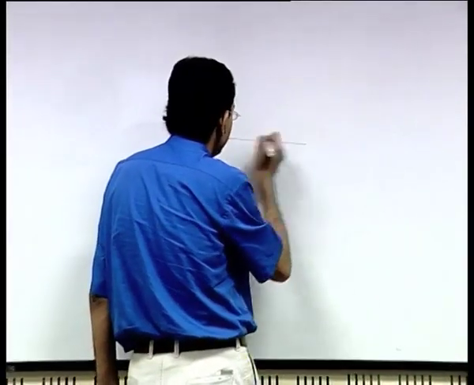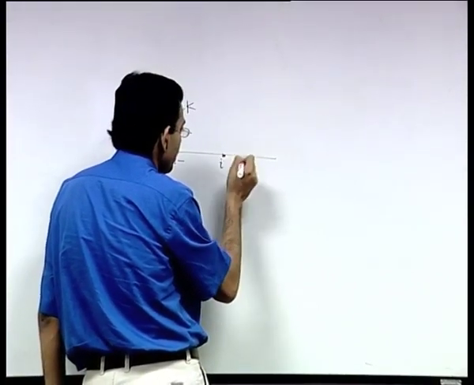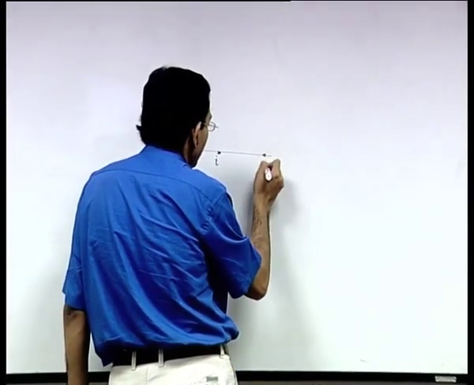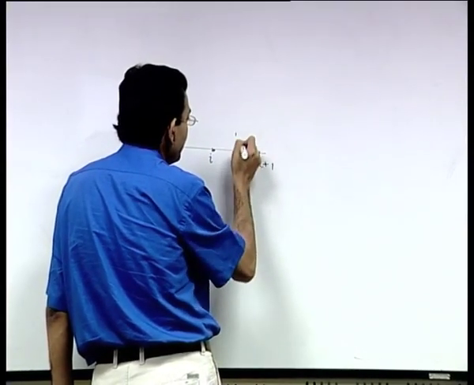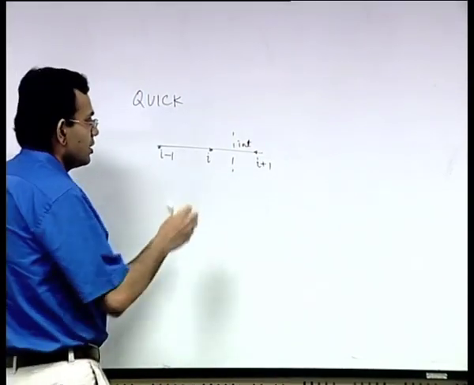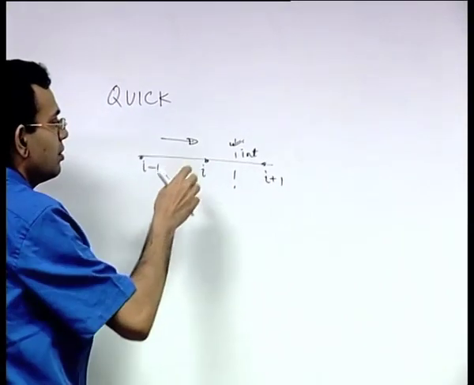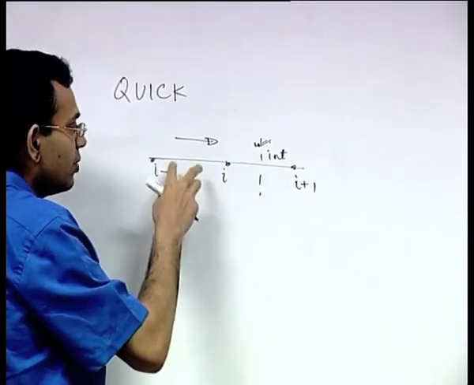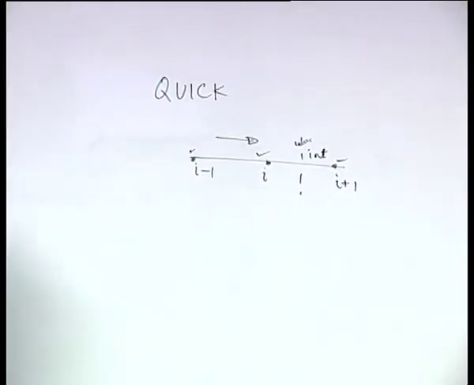So, if you have grid points like I minus 1 and I plus 1, and if here is the interface, then you use a profile for interface interpolation where you use 2 upstream points and 1 downstream point.